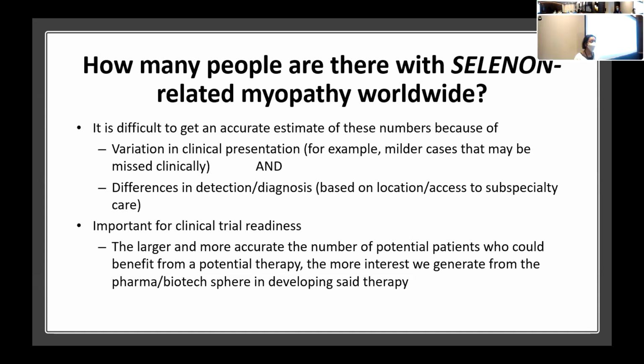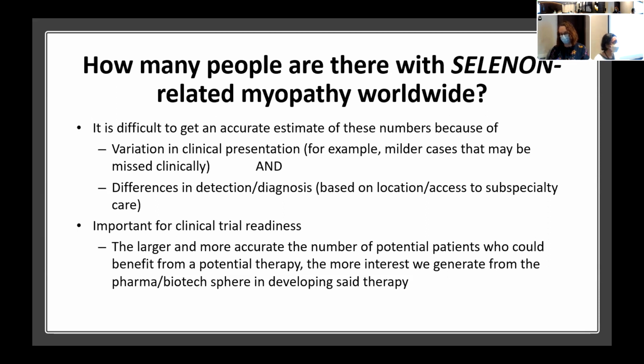So imagine how much more variation there might be out there among the entire population of people living with this disease. And we think that there are some milder cases that might be getting missed clinically, as probably speaks to you based on the diagnostic odyssey that many people go through. And then there's differences based on where people live and what kind of access they have to subspecialty care. Is there even a neuromuscular specialist around who has heard of this?